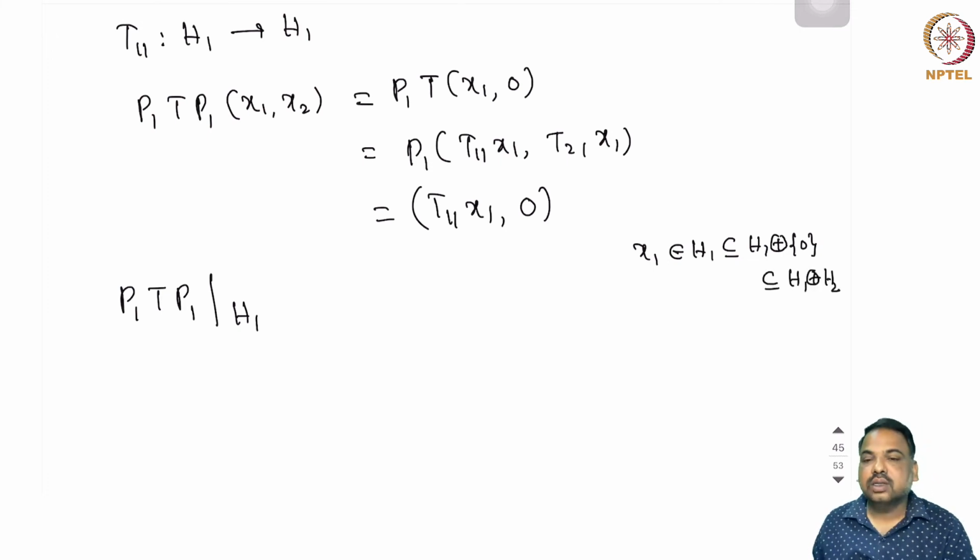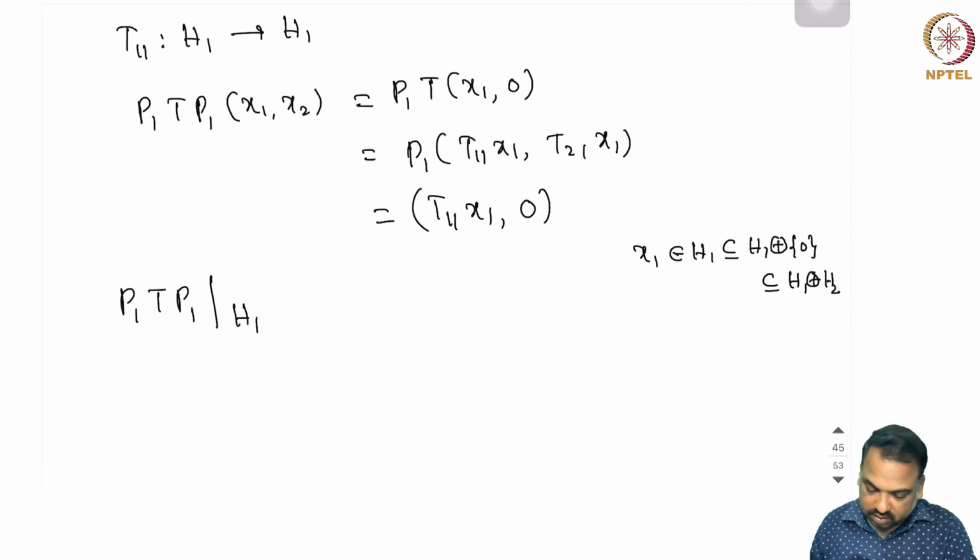So we have already noted this: H1 can be embedded in H1 direct sum H2 in this way. So when we look at P1 T P1 restricted to H1, that means if you look at only x1, then this is exactly T11.